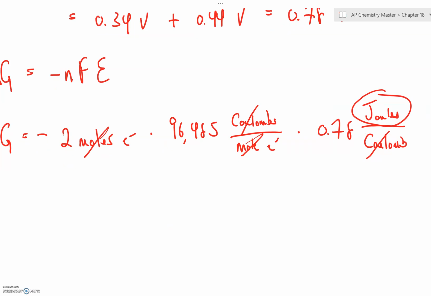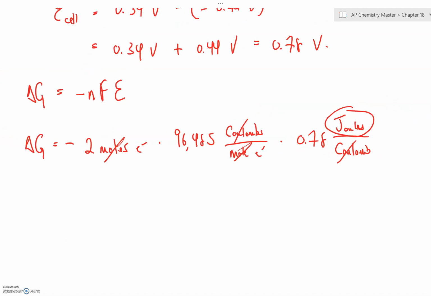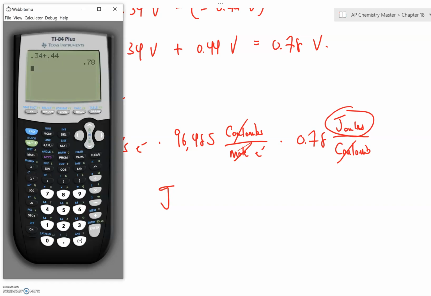So let's bust this out and see what we get. We know our answer is going to be in joules. We hope that this is negative. It should be because everything else is positive. So let's bust out a calculator, and we're going to say negative 2 moles of electrons times 96,485, which is our Faraday value, times 0.78, and we get negative 150,516.6.